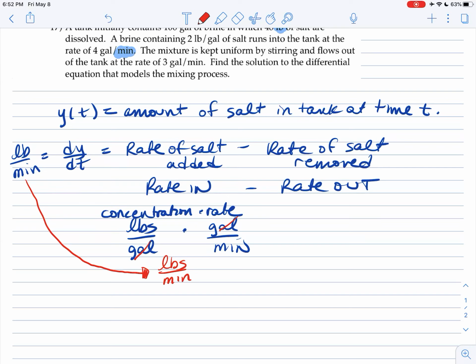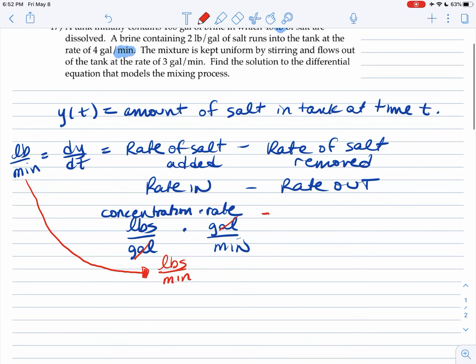Usually, we know exactly what the concentration coming in to the tank is, but imagine if we are stirring the pot and we're changing the concentration as we're adding liquid in, and it is dynamically changing the concentration if we're adding something with a different concentration. So what's difficult is on the right-hand side, in the rate out, we want the concentration out, and that's usually what we need to find an expression for.